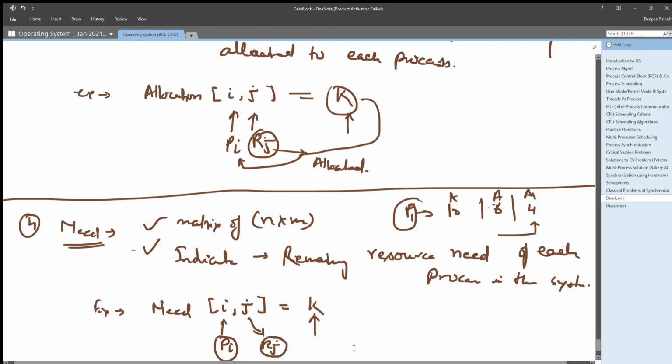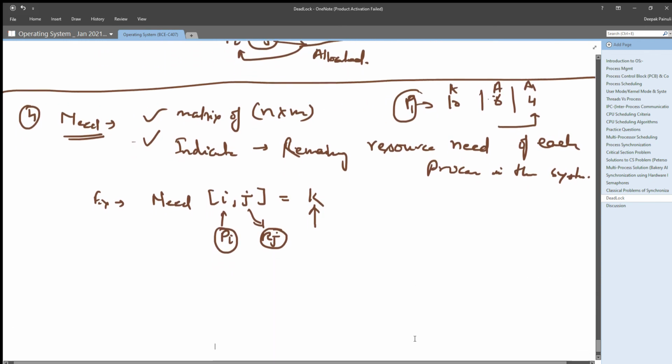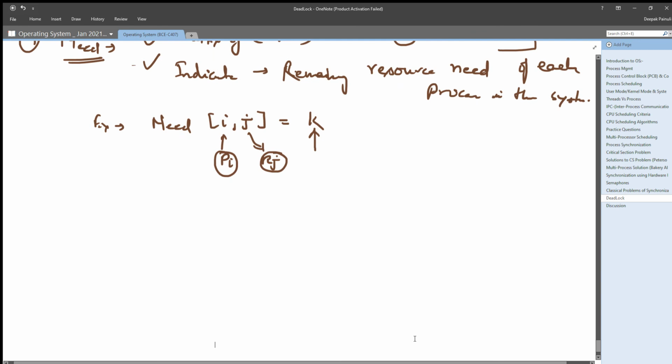And we can calculate need. If we don't have the Need matrix, we can calculate it ourselves. How?